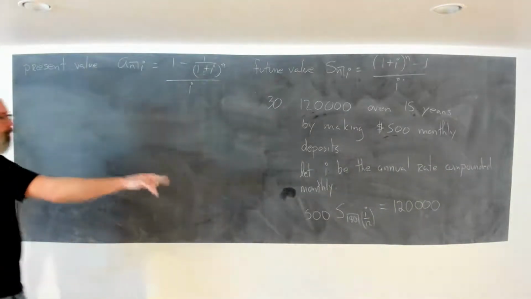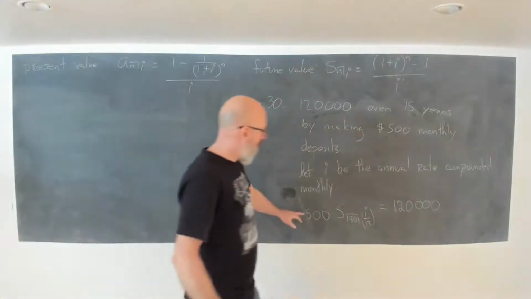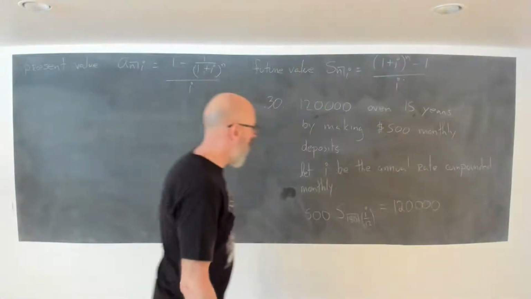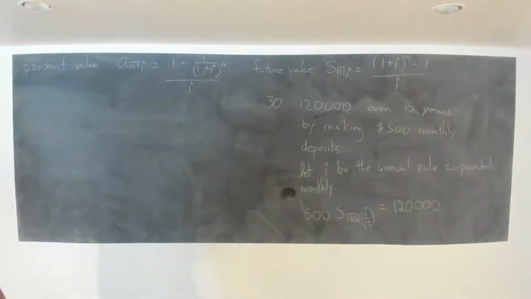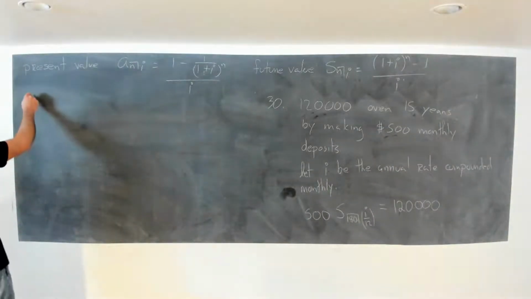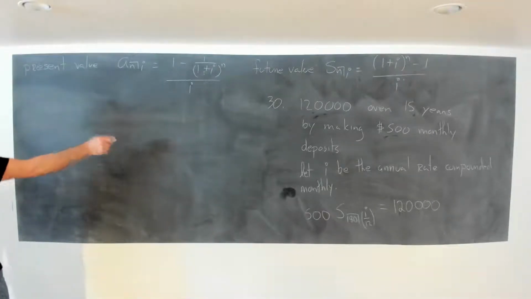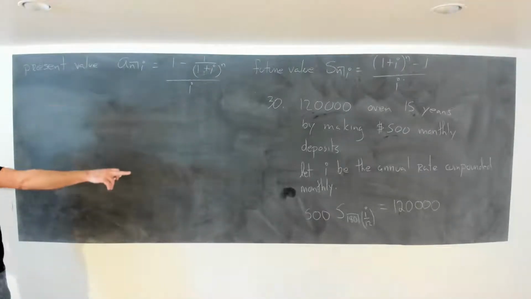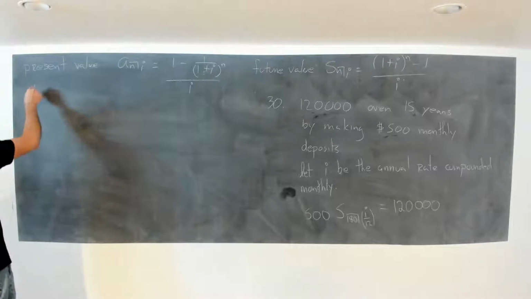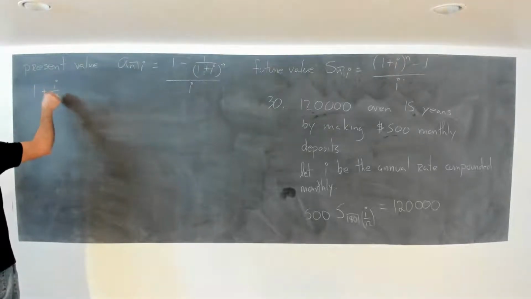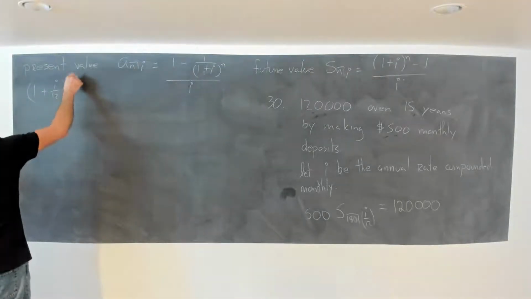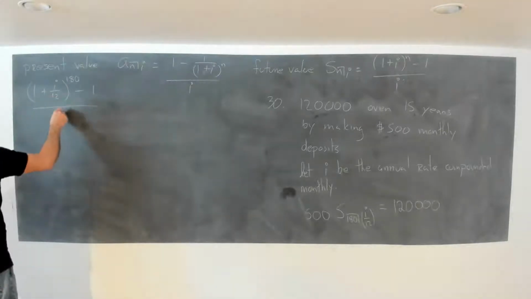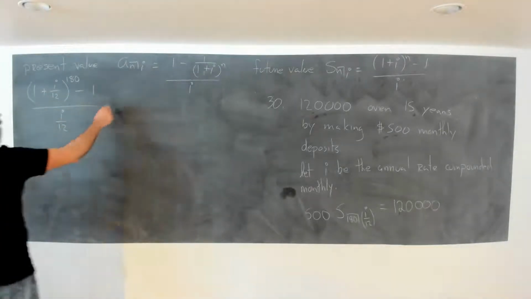So let's bring the 500 to the other side there. Take out 2 zeros. So S_180, what is that? ((1 plus I over 12) to the 180 minus 1) over (I over 12).